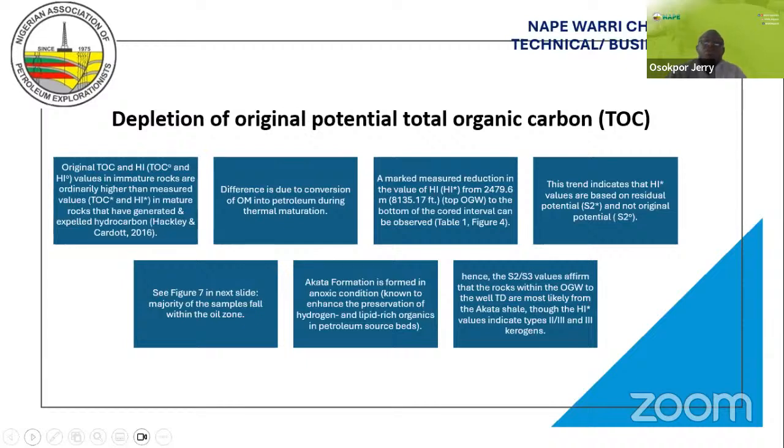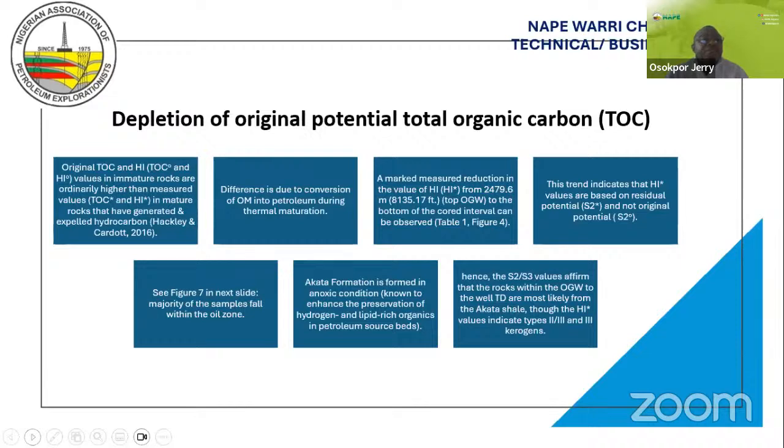There is what we call original potential and depleted potential, which we actually call measured potential. Original potential is that potential that the rock has when it has not produced, it has not matured and generated and expelled hydrocarbon. That is what it is.